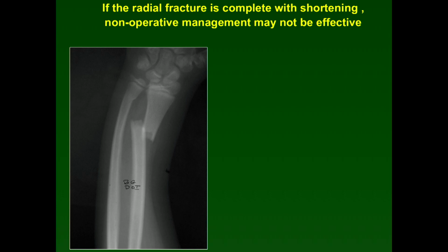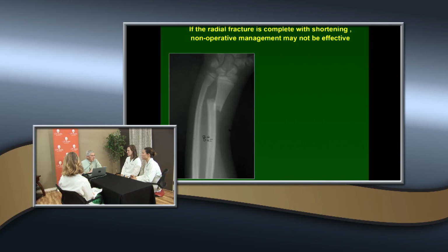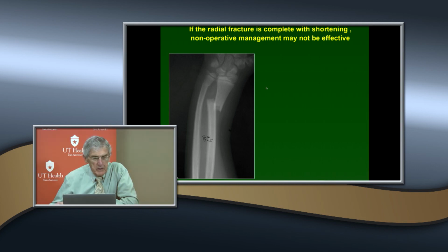Now, if it's complete with shortening, is this one the distal radius? This one was not recognized as a Galeazzi. What is it about this fracture that tells you it's a Galeazzi component? The plastic deformation of the distal ulna. The what? Plastic deformation of the distal ulna. Well, actually, it's just a greenstick fracture, but what is the key?